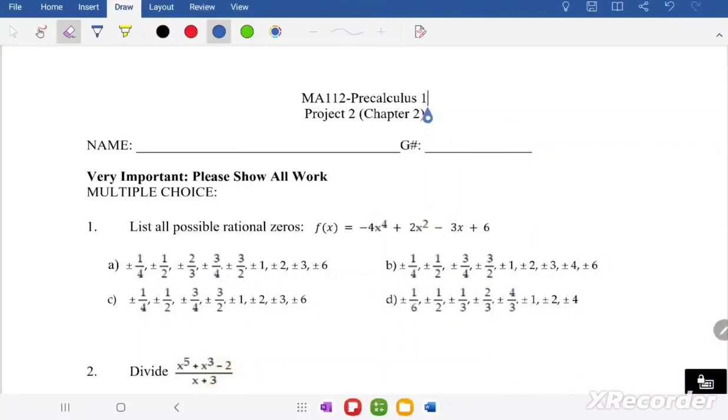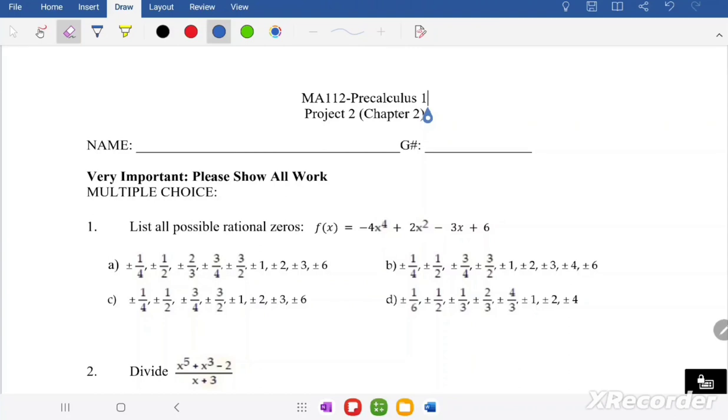Everyone, I'm putting this video together to walk through the solutions of project 2. Now please keep in mind that you're supposed to work through all the questions yourselves first and then check your answers against this solution. This project is meant to prepare you for test 2.